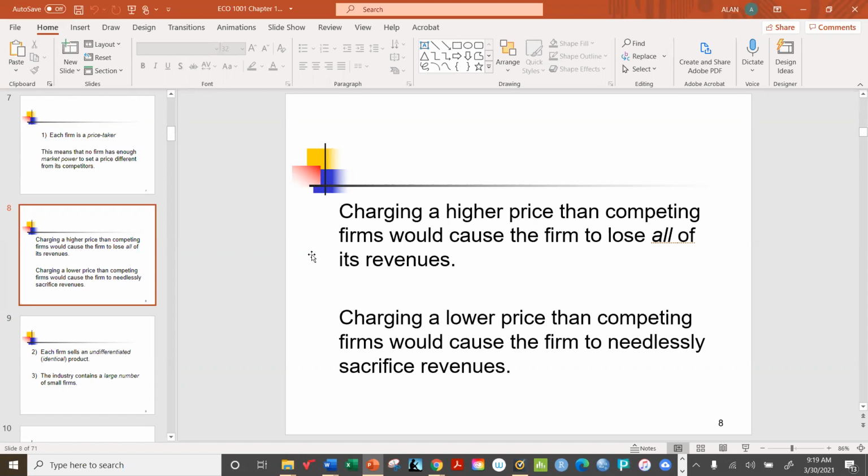The number of customers will not change if you lower your price. In other words, you're not going to make more money this way. So you might as well just charge the same price as everyone else. Okay, so everyone has to charge the same price.